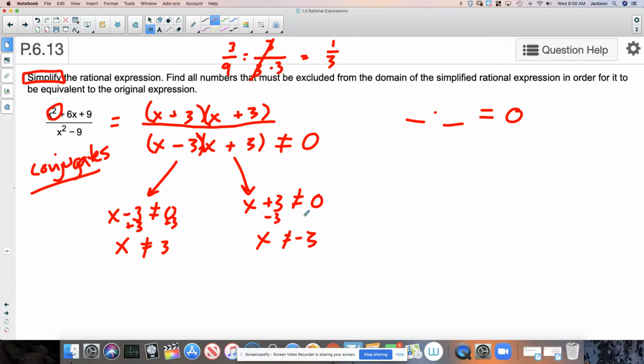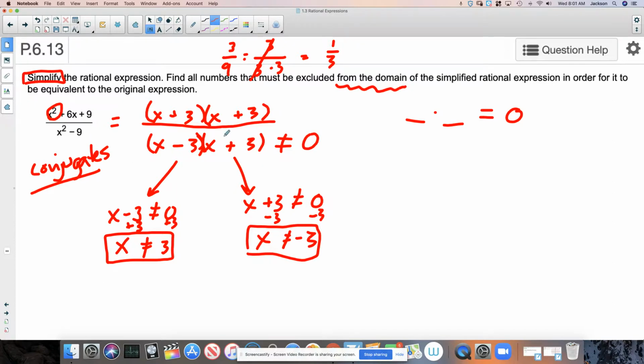Because if I subtract 3 from here and here, I get -3. So these are the exclusions that they talk about. We should look at that after we do the simplifying. It says find all the numbers that must be excluded. 3 and -3 have to be excluded from the domain. We'll talk a little bit more about domain later on.